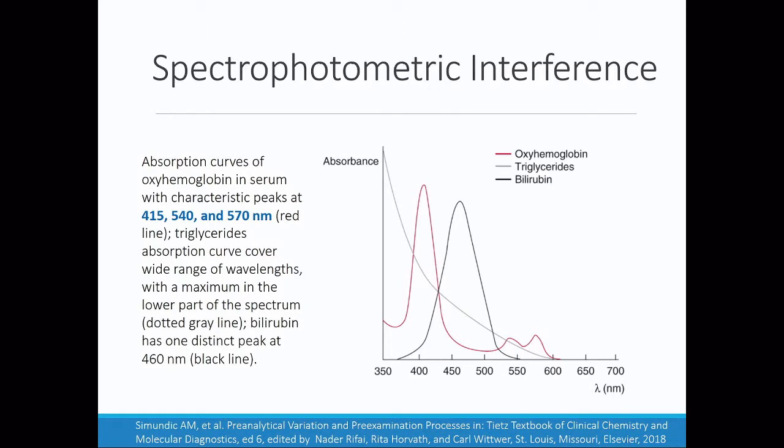Spectrophotometric interference occurs due to the absorbance of the oxyhemoglobin in serum with characteristic peaks at those three distinct wavelengths. So all laboratory measurements that occur within this wavelength will be affected by hemolysis.